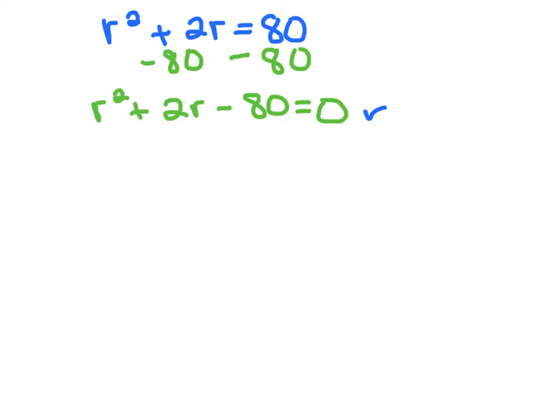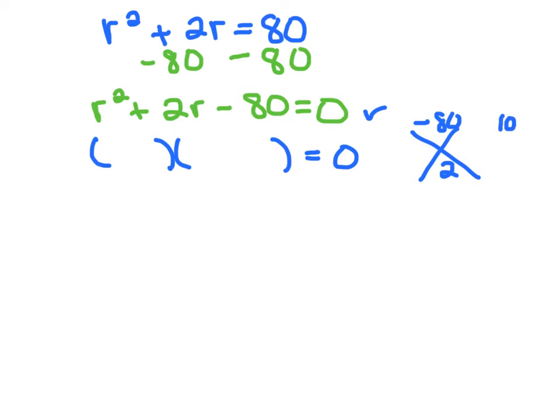Second step, factor. So when you factor, you make 2 sets of parentheses. Make your X puzzle. If you need to make your X puzzle, there's nothing wrong with that. It just is a nice way to organize your information. So we have negative 80. We put the positive 2 down here. So I'm thinking about what 2 numbers multiply to make negative 80 and subtract to make 2. So I'm thinking of 10 and 8. All right, I know the signs have to be different since it's a negative 80.